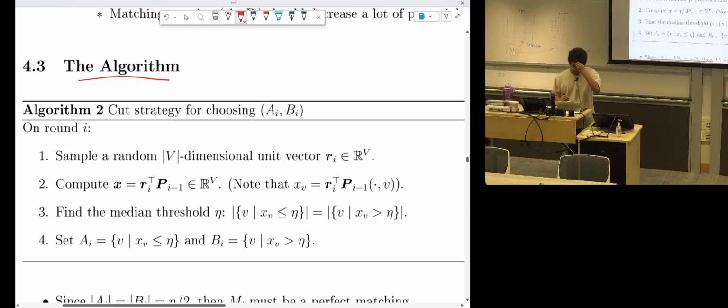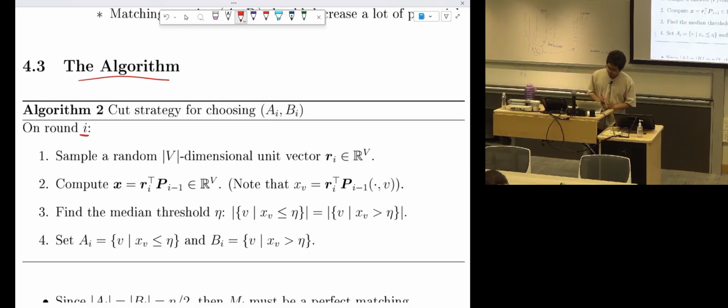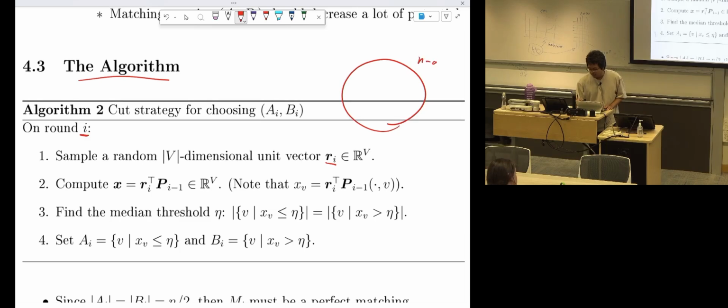Okay, so in round i, what we're going to do is first choose a random n-dimensional unit vector, Ri. Think of a sphere in n dimensions, and you just choose one random direction. This is Ri.